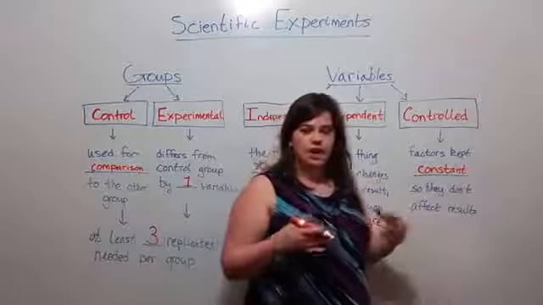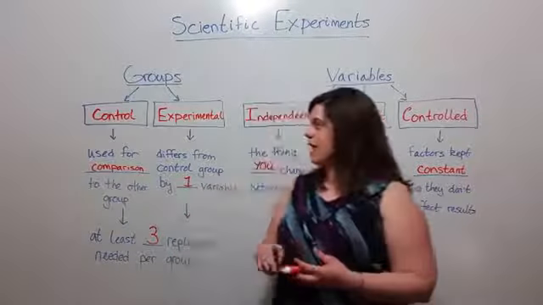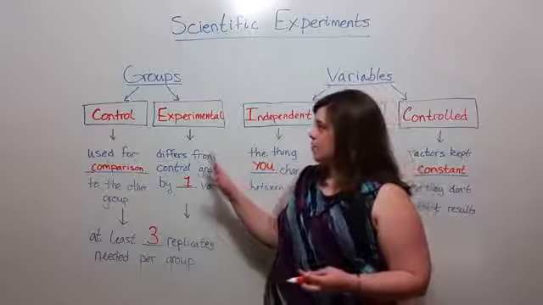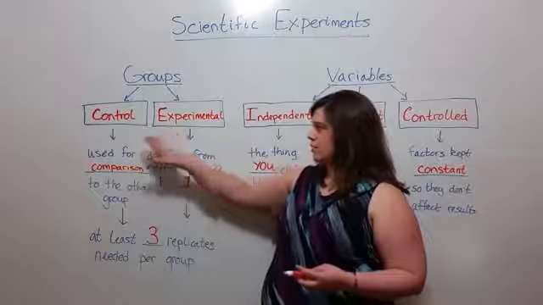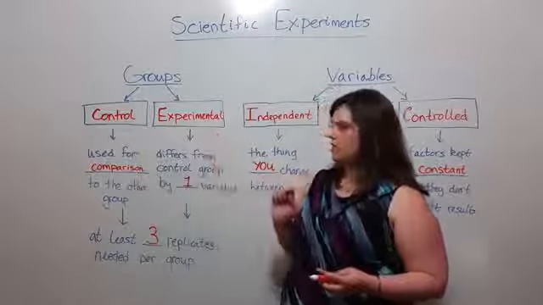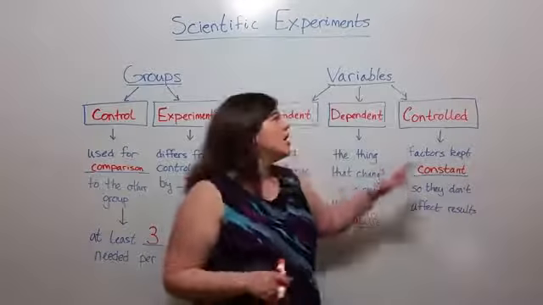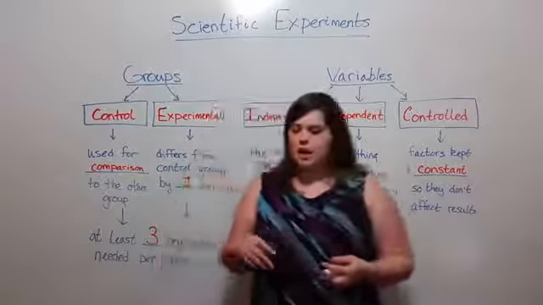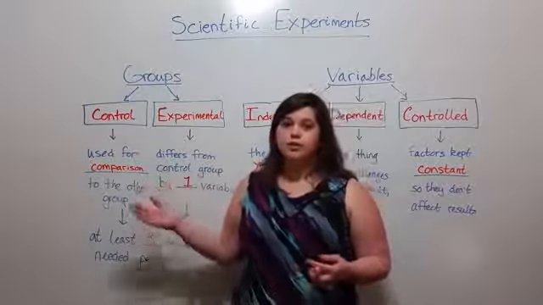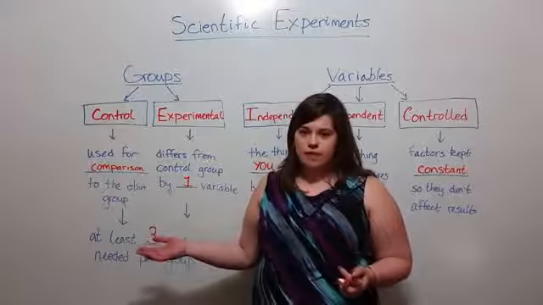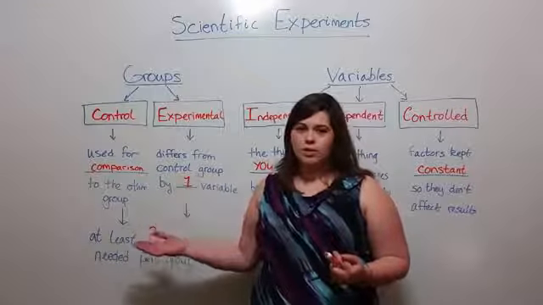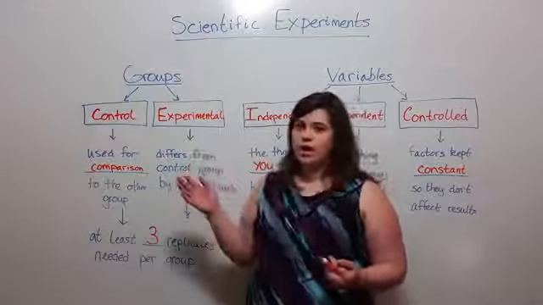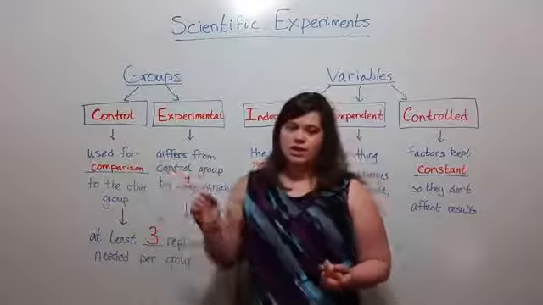In our example of different kinds of plant growth conditions, whether natural light for the control group or purple wavelength light for the experimental group, the controlled factors would be things like the amount of water, the type of soil, the length of experiment, the number of hours per day that the plants were in either of the lighting conditions.